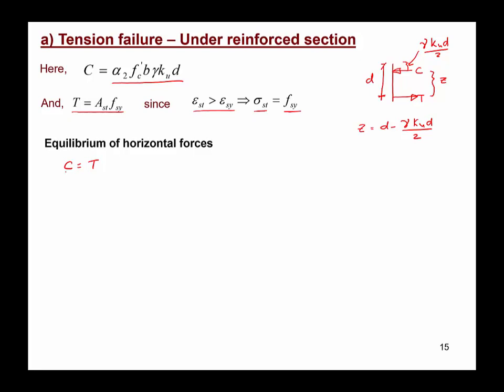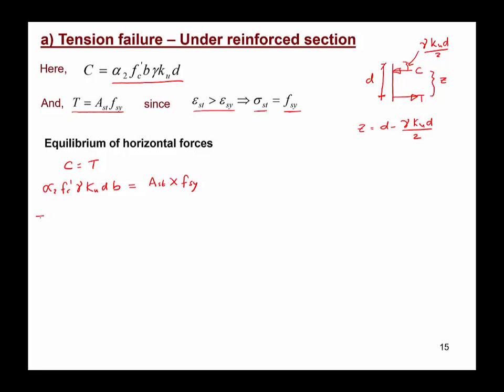So now if we write down the equation of C, that is alpha 2 f'c times b times gamma Ku d should be equal to the area of steel, and as the steel is already yielding, we can write the yield strength of the steel Fsy.